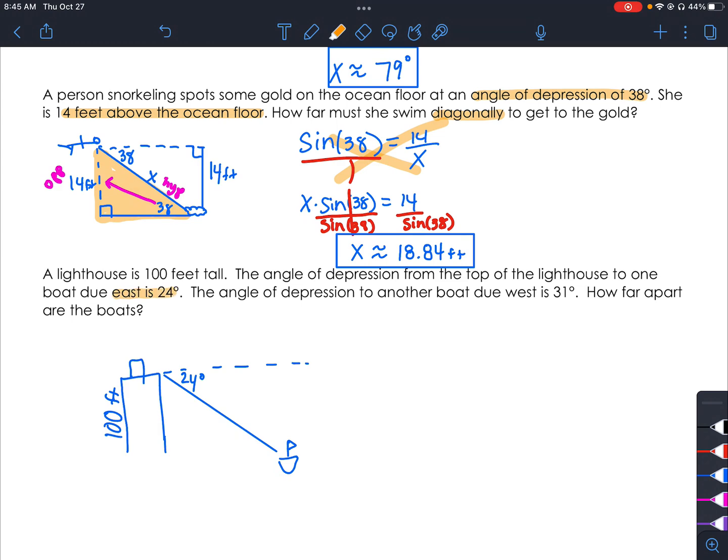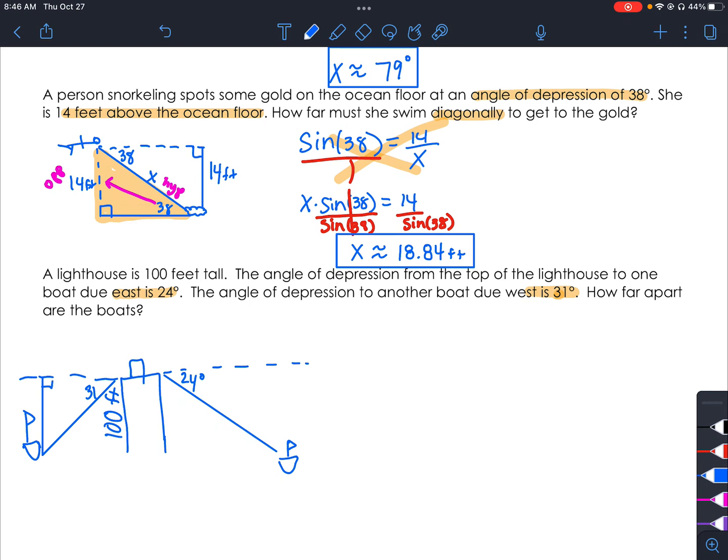I forgot to highlight east. And this is east. The other boat is west, and it's 31 degrees. So what it means is that the other boat's on the other side. It's okay if you drew the boats on, flip-flopped them and switched the sides. The angle of depression of that one is 31.